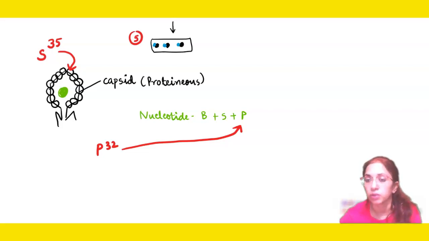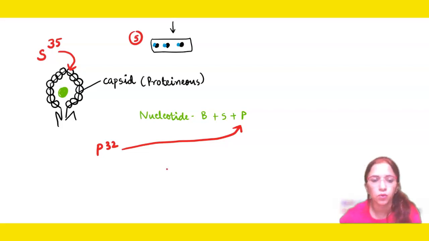You have read about sulfur containing amino acids in grade 11. We read the names of cysteine and methionine quite prominently, right? So S35 could be accommodated in the amino acids, whereas P32 can be incorporated in the phosphate group of the genetic material.